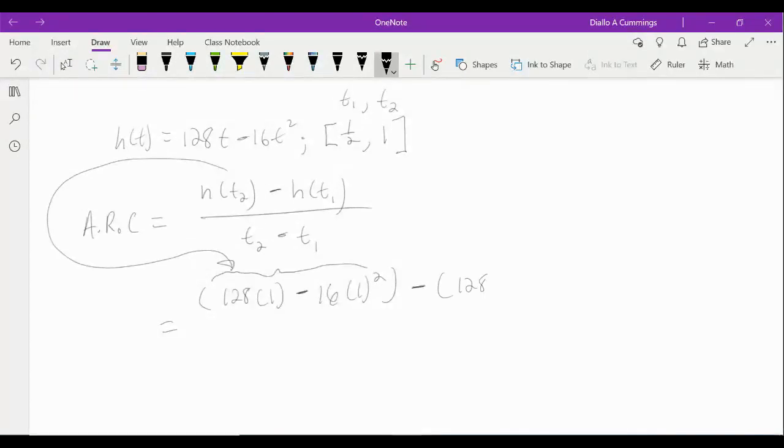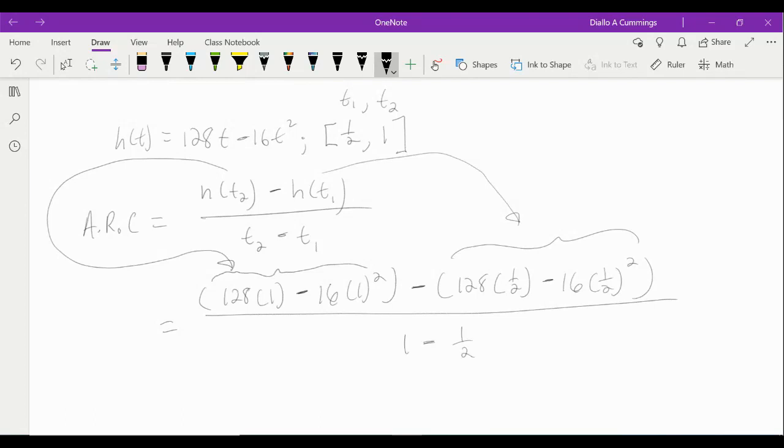So this is 128 times t, which is 1/2, minus 16 times t squared. So I'm going to substitute t for 1/2 squared. This is h of t sub 1 divided by t sub 2, which is 1 minus 1/2.